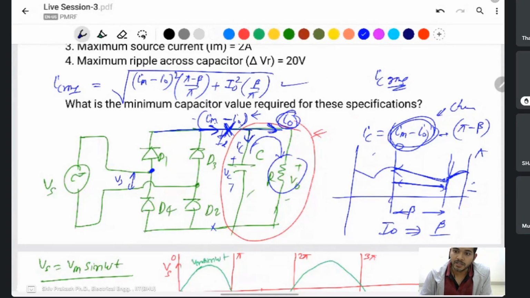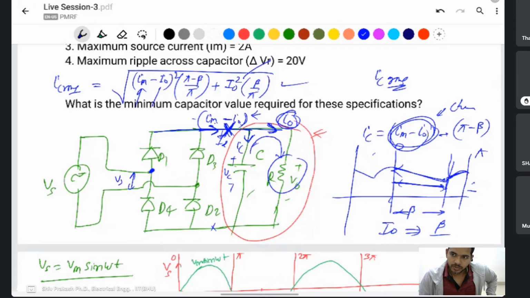Can you calculate it like that? You have I naught, IM is given, beta you can calculate, and pi you know is 3.14.